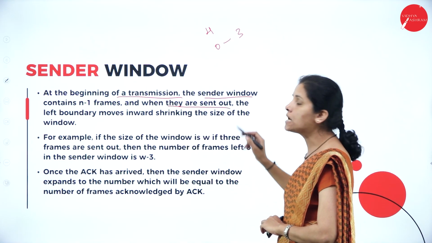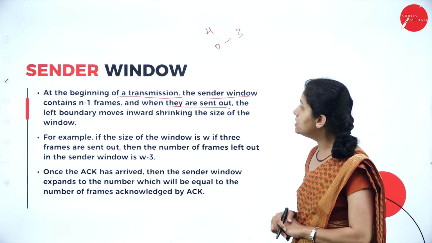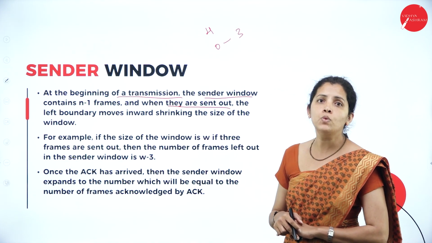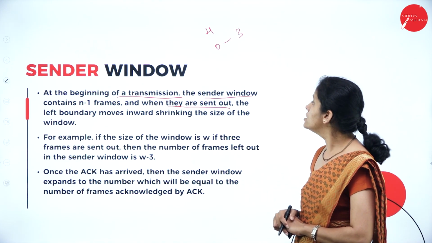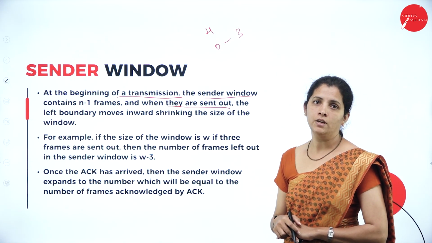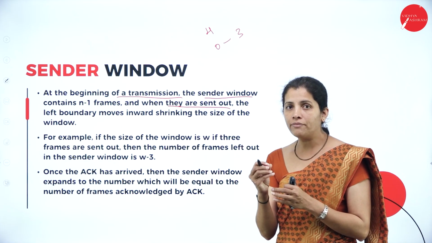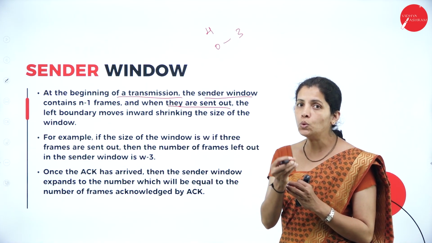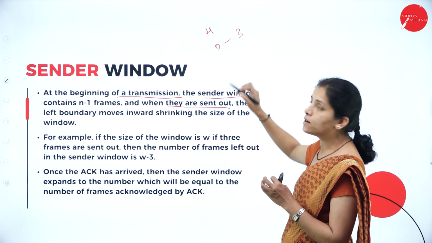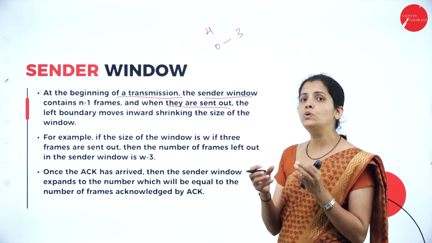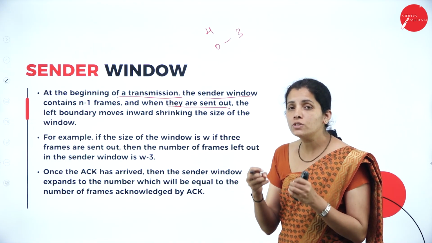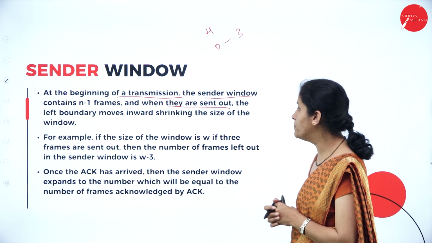And when they are sent out, the left boundary moves inward, shrinking the size. So, shrinking. Suppose if I send 2 frames, then what is the window size now? 2. Why? It is going to shrink the size of the window.